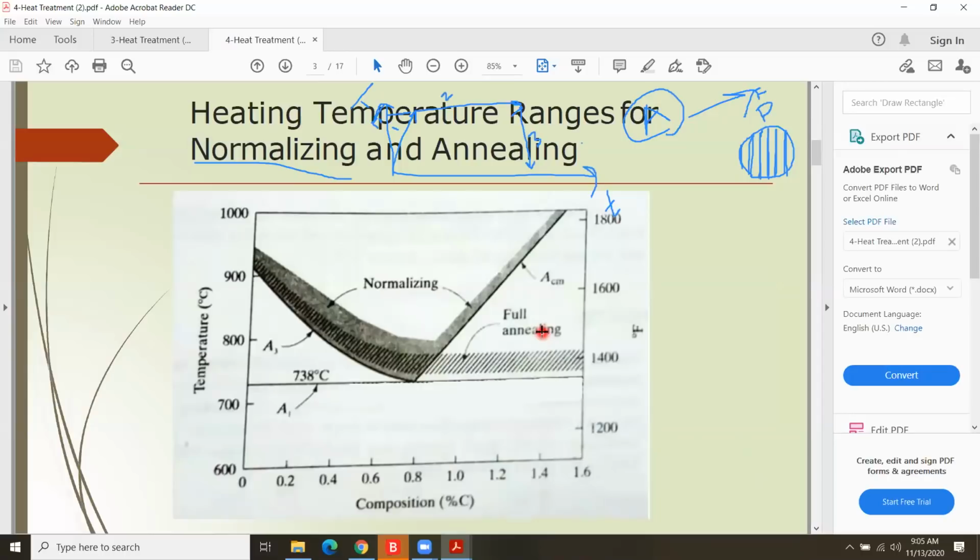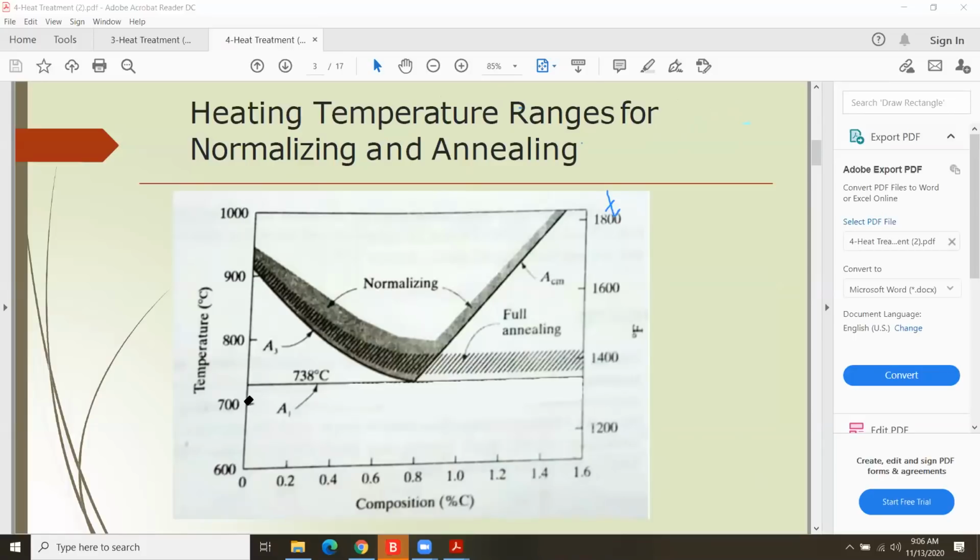Okay, so this one is a temperature versus percentage of carbon graph indicating the heating temperature ranges for normalizing and annealing. So first we'll discuss the normalizing process.